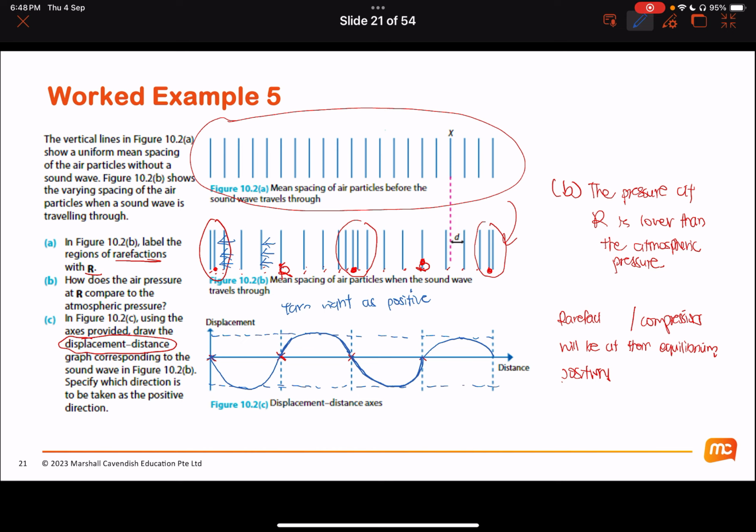Okay, yes, so this is the displacement-distance graph.